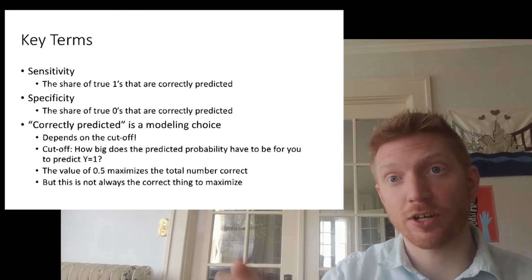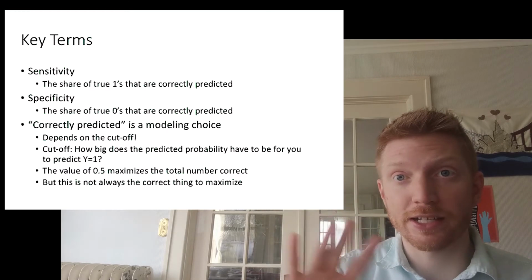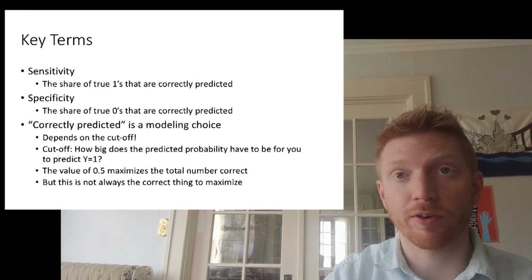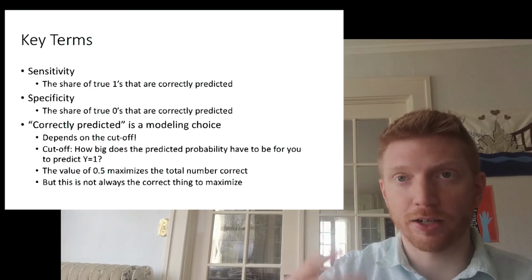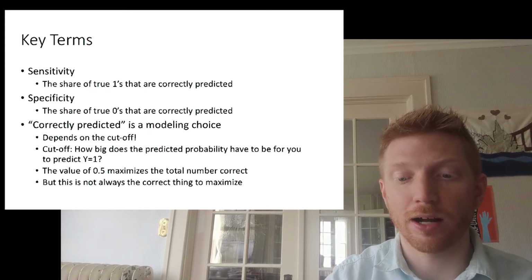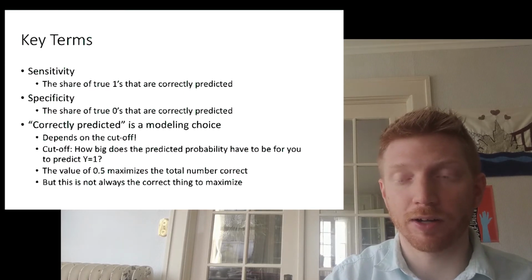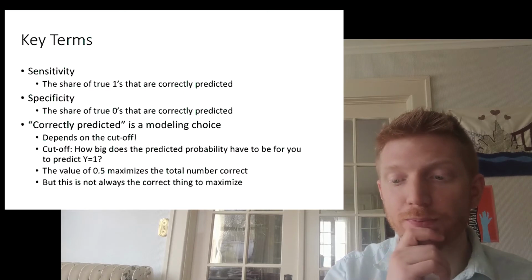The cutoff determines how big the probability needs to be before you predict a value of 1 for your dependent variable. In our example, our dependent variable is denies, so how high does that probability of denial have to be for you to predict that value of 1 as the predicted value?